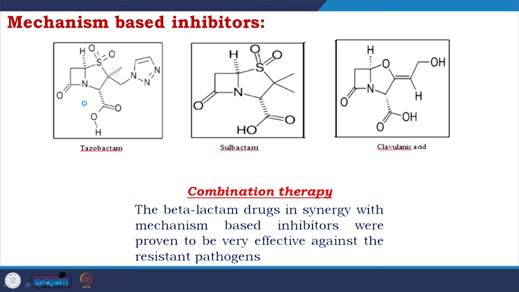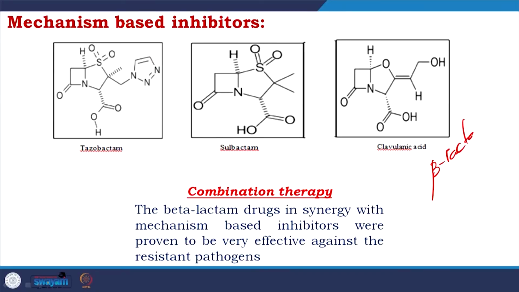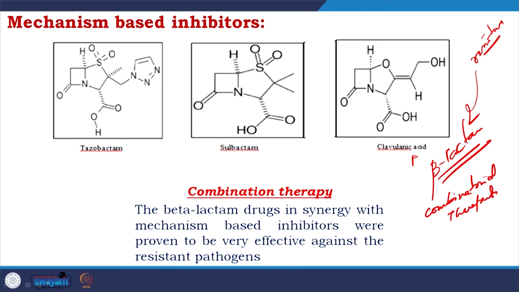So, these MBIs take a very important role in beta lactam based therapeutics, because we all know now the classic beta lactams are ineffective, there is resistance against them, but when you use them with these, it is called combinatorial therapeutics. Combinatorial therapeutics is still working for them, and especially for resistant pathogens we use them.